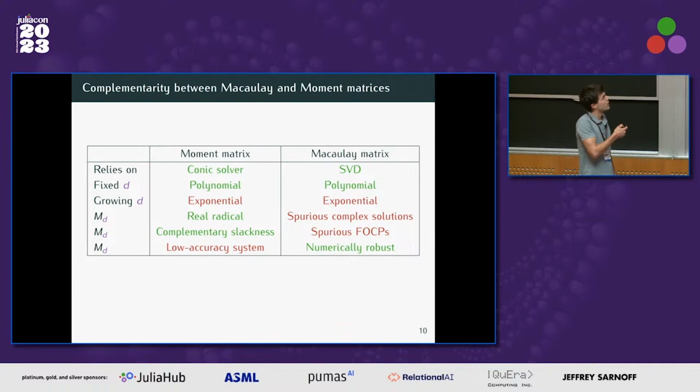For a fixed degree, they are polynomial and they use nice algorithms that are numerically stable, but they both suffer from this idea that if you increase the degree d, they are both going to be exponential. So for both of them, you can easily solve the first degrees, and then you just don't want to increase the degree. You want to know if it's possible to, while staying at low degree, do a bit more work, but not go to the next level.